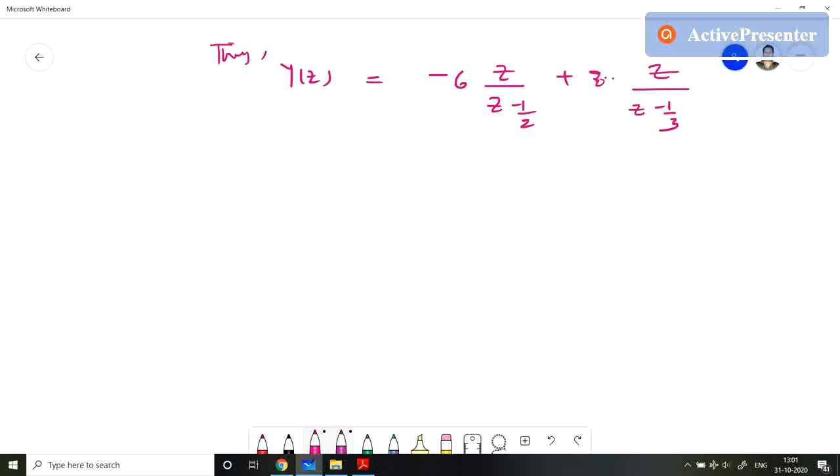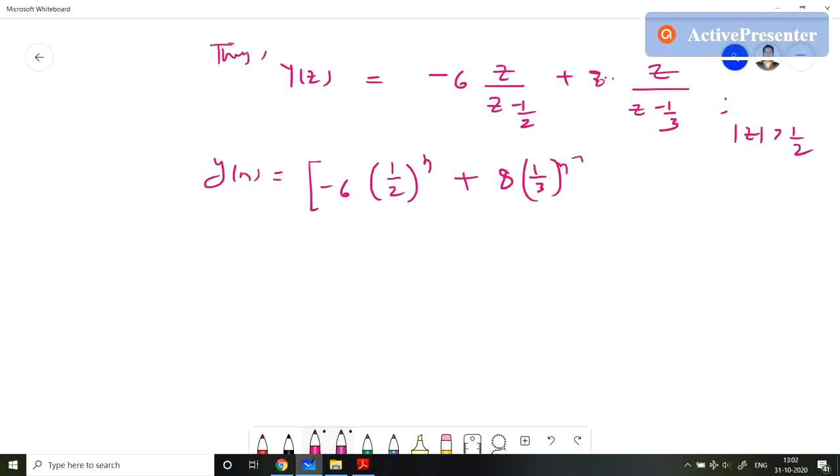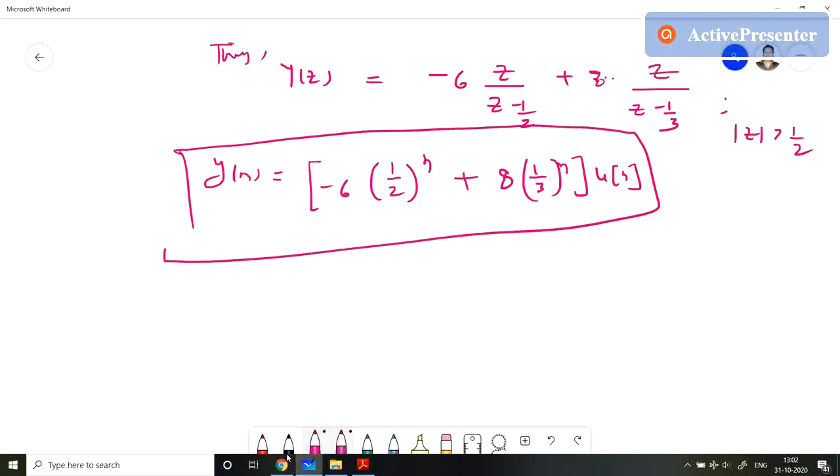And of course the ROC is modulus of z greater than 1 by 2. Taking the inverse z transform, y(n) is equal to minus 6 times 1 by 2 raised to the power n plus 8 times 1 by 3 raised to the power n, u(n). So this is y(n).